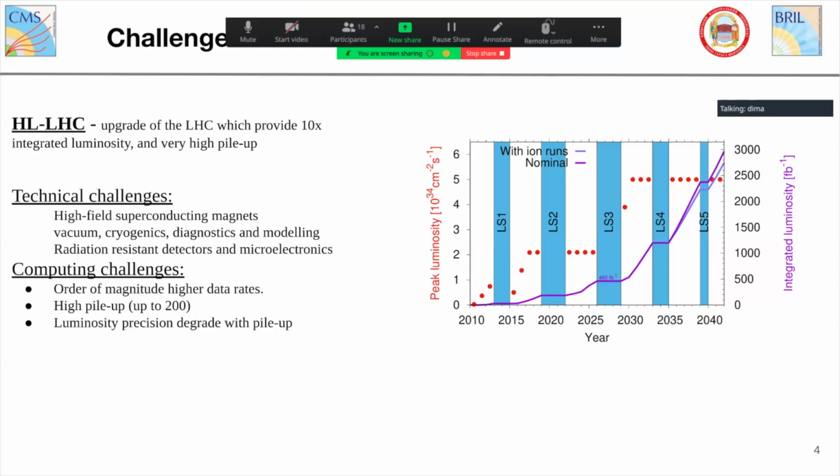The problem is that nonlinear effects and noise scale very much with pileup, so we will get a big degradation of performance. So right now we need to come up with something to mitigate these issues.